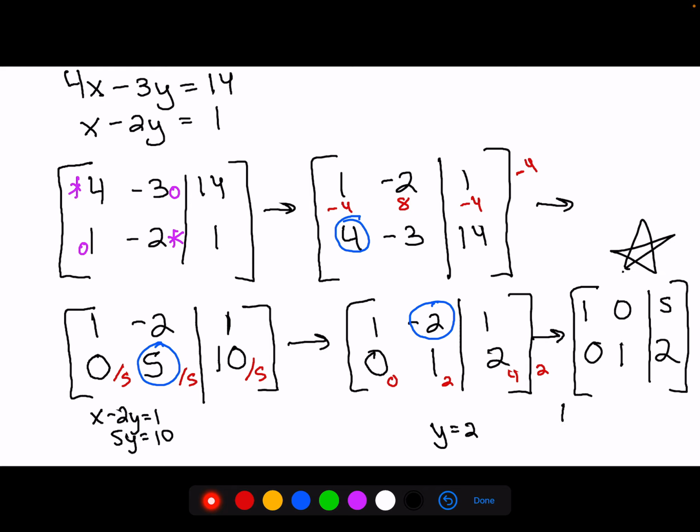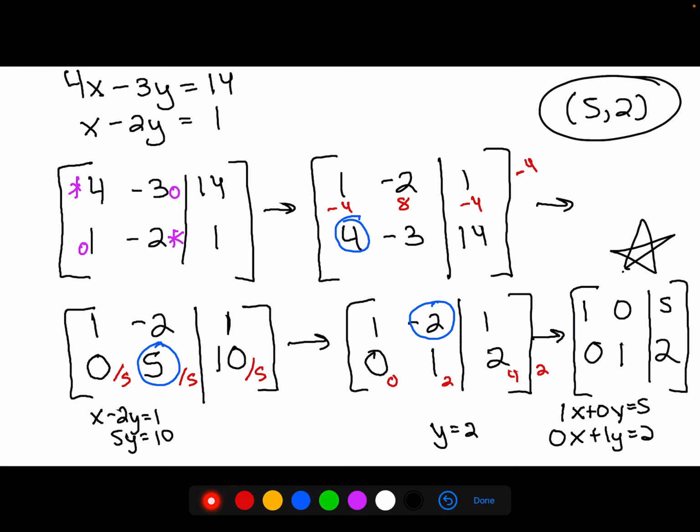You could say, well, 1x plus 0y equals 5, 0x plus 1y equals 2. Or if you'd rather, you could say, well, the answer is x equals 5, y equals 2. So 5, 2 is the solution to this system. You could always plug that in, into the original equations. 4 times 5 is 20, minus 3 times 2 is 6, so 20 minus 6 is 14.